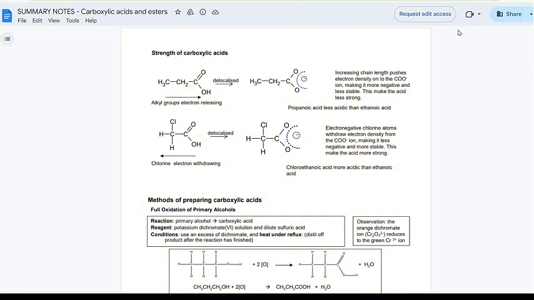Electronegative chlorine atoms withdraw the electron density from the carboxylate ion. Oh, okay, I understand. It pulls the electron density towards itself, making it less negative and more stable. This makes the acid more strong. Chloroethanoic acid is more acidic than ethanoic acid.